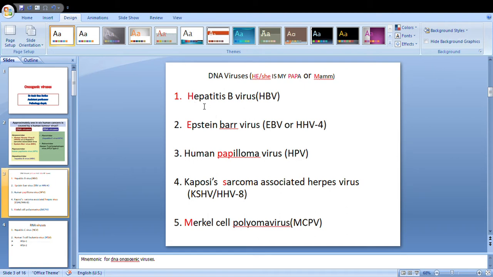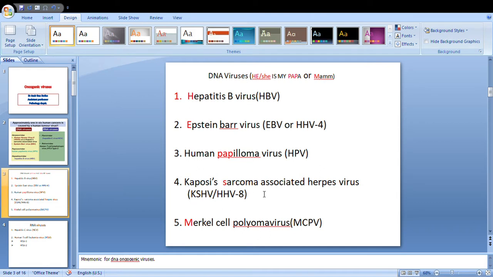The hepatitis B virus is number one among the DNA viruses. The Epstein-Barr virus, which is also called the human herpes virus 4, and the human papillomavirus, and the sarcoma associated herpes virus, which is also called the human herpes virus 8.